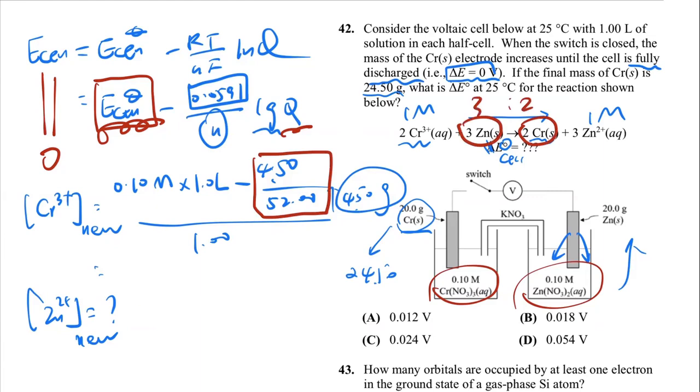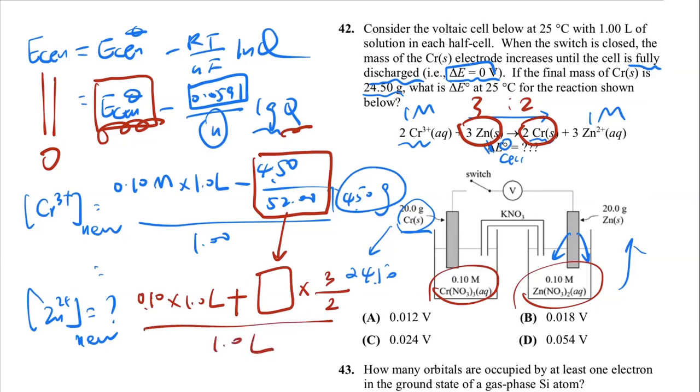So I will say it will be 0.10 times 1.0 liter plus this box. This box is from here times 3 divided by 2. Does this make sense to you? And then divided by 1.0 liter. After you figure out this and this, the question is easier, right?